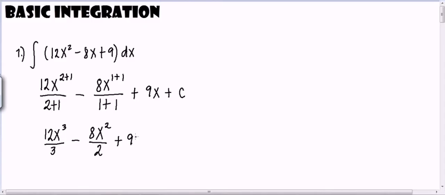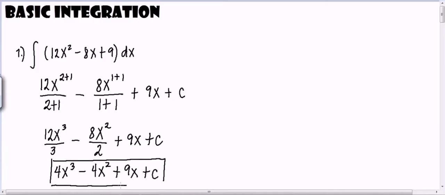Okay? Plus 9x plus c. So, simplify pa ulit. 12 divided by 3 is 4x cubed. Okay? 8 divided by 2 or negative 8 divided by 2 is negative 4x squared. Okay? Plus 9x plus c. So, this one is our final answer.